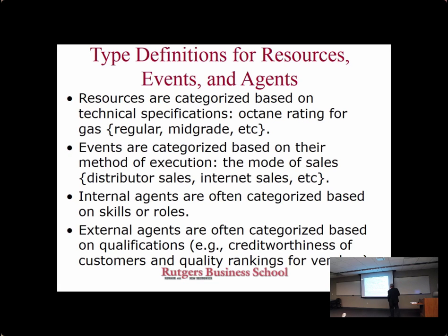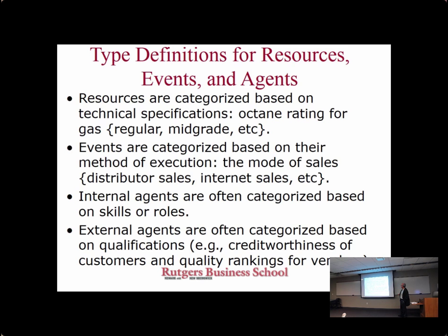Or it can also be based on skills. External agents are often categorized by their qualification. For example, if you're dealing with customers, you can categorize them by their credit worthiness, right? Or vendors can be categorized by their quality.